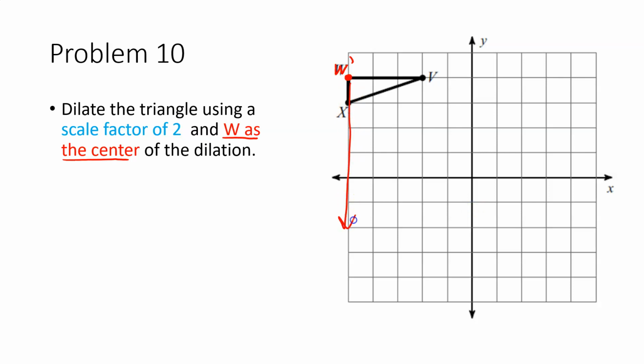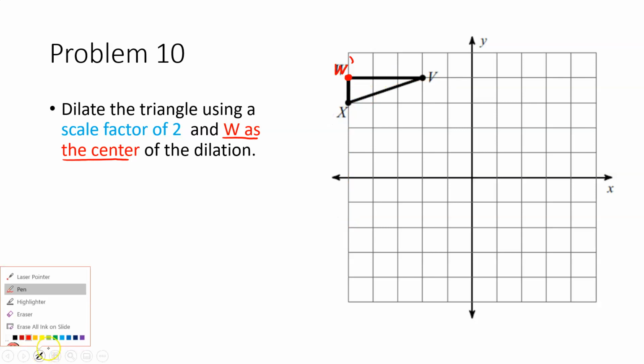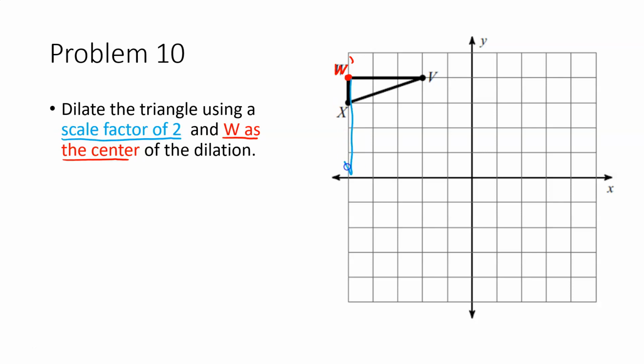Everything else is either going to expand away or shrink towards it. Well, is it going to get bigger or smaller? Let's take a look at our scale factor. We have a scale factor of 2. So it means it should be getting bigger by twice its size. It should be expanding away from that W, from W prime. So whenever we're dilating from a specific point, like in this case W, you're going to be using the side lengths.